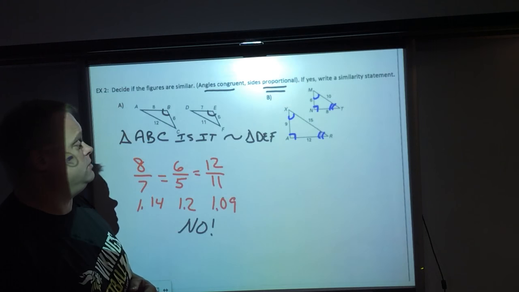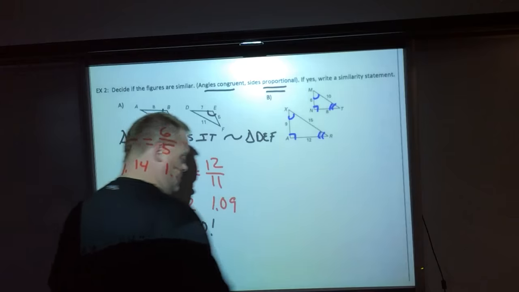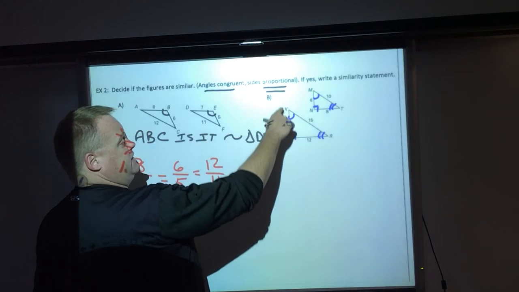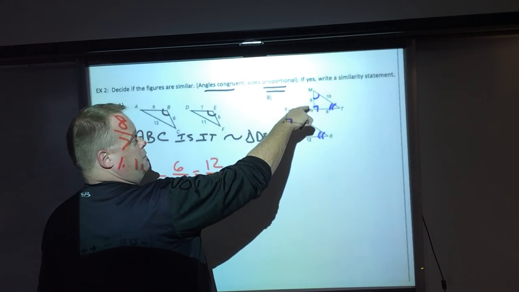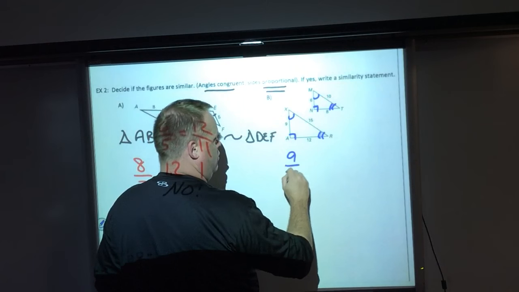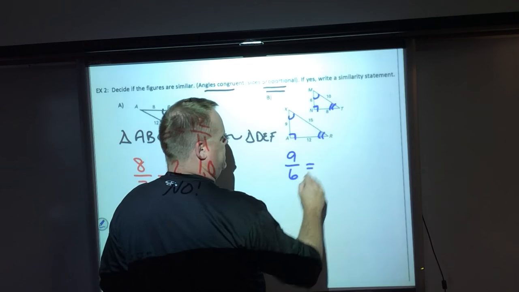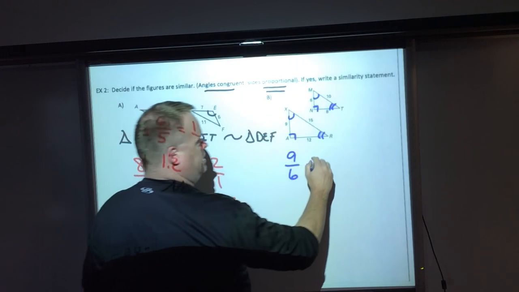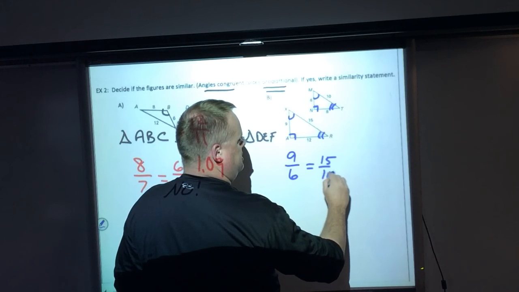Are the sides proportional? Well, I can check that. Is side XA proportional to side MN? Well, that's going to be 9 over 6. And then is that going to be proportional to 15 over 10?